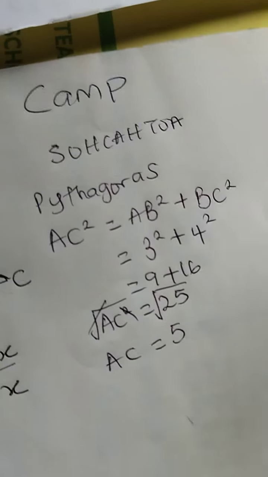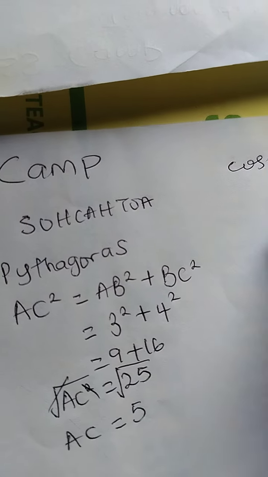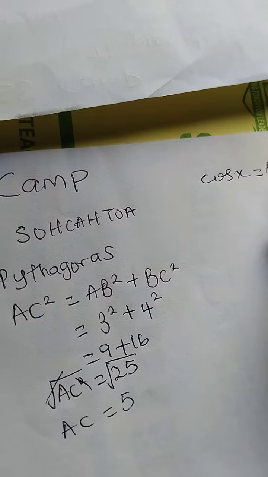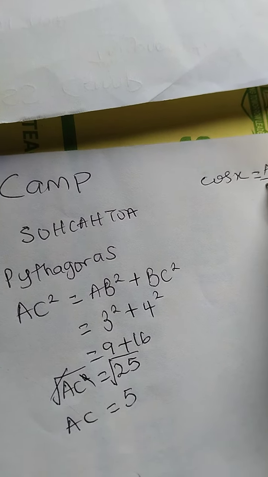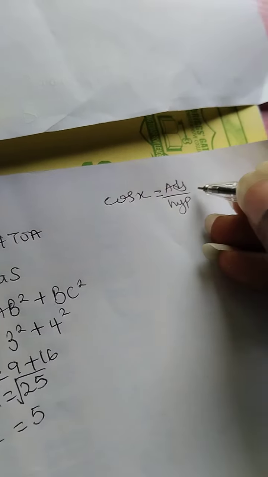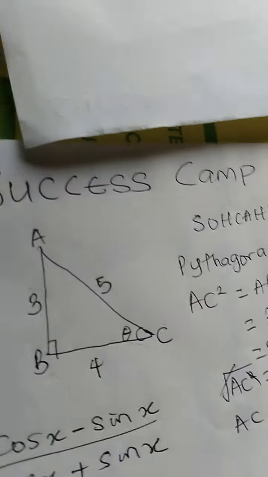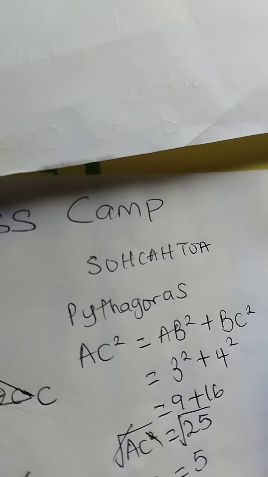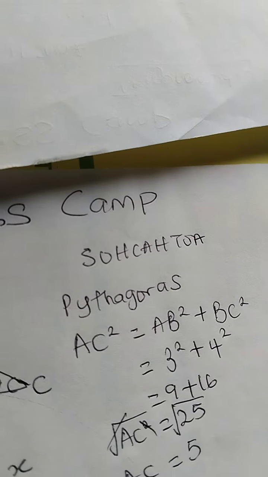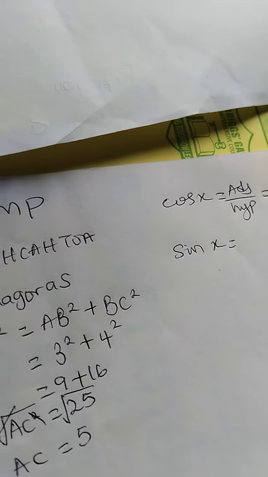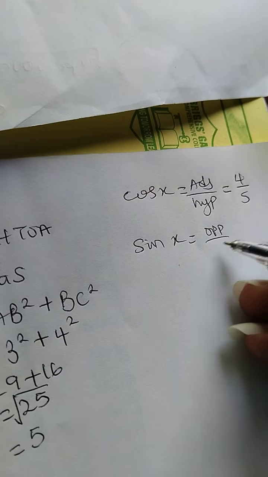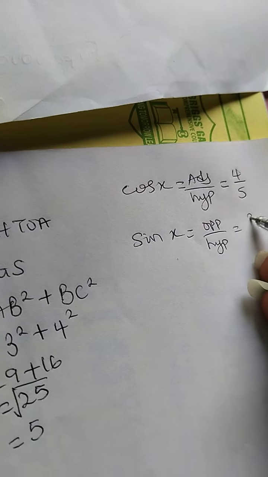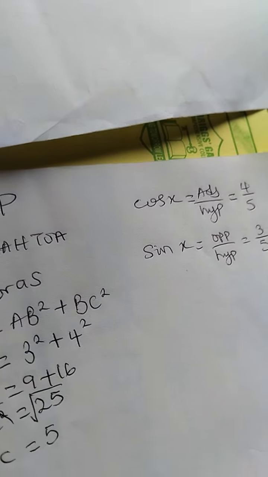So my cos x is adjacent over hypotenuse. Where is the adjacent side here? Since your eye is there, this will be your adjacent, which is 4, and my hypotenuse is 5. And my sin x is opposite over hypotenuse. My opposite is 3, my hypotenuse is 5.